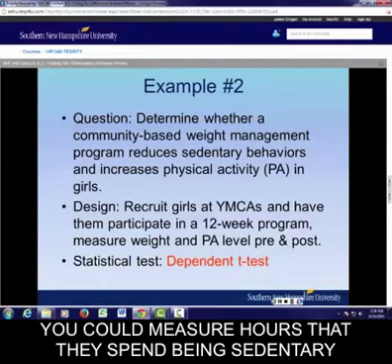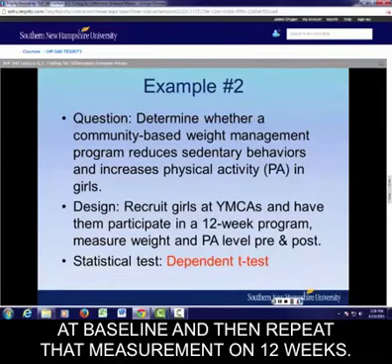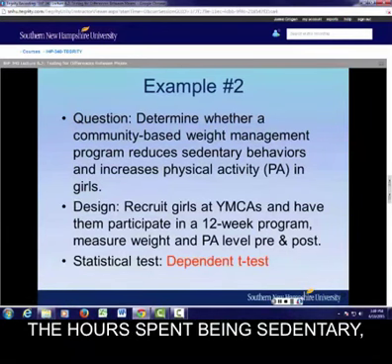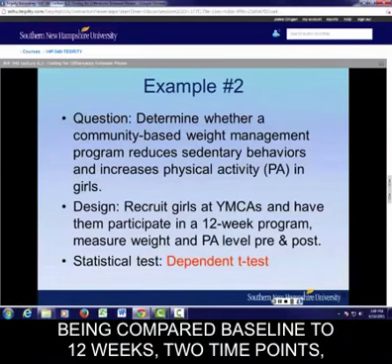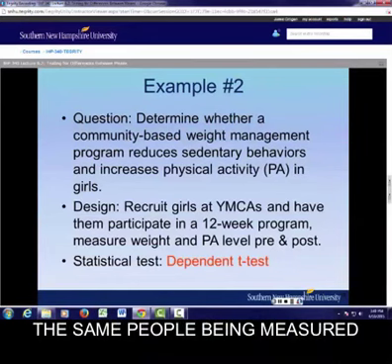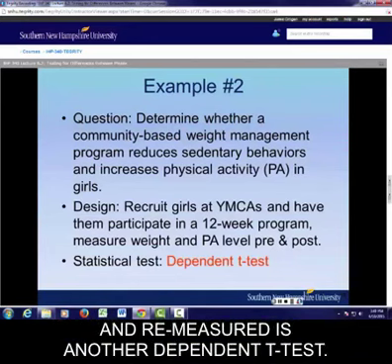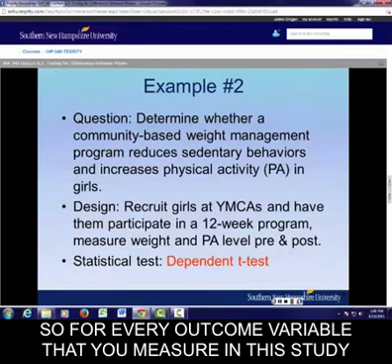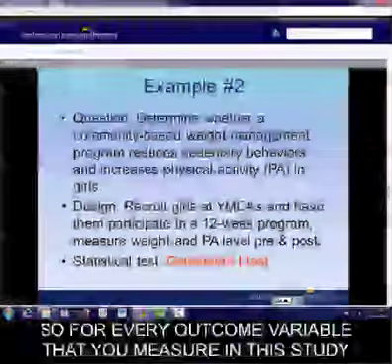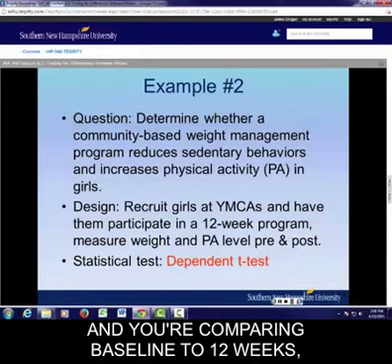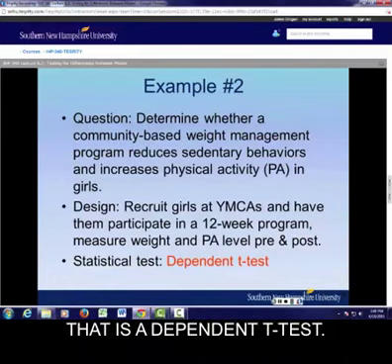You could measure hours that they spend being sedentary at baseline and then repeat that measurement at 12 weeks, 2 time points, the same people being measured and remeasured. It's another dependent t-test. So for every outcome variable that you measure in the study, and you're comparing baseline to 12 weeks, that is a dependent t-test.